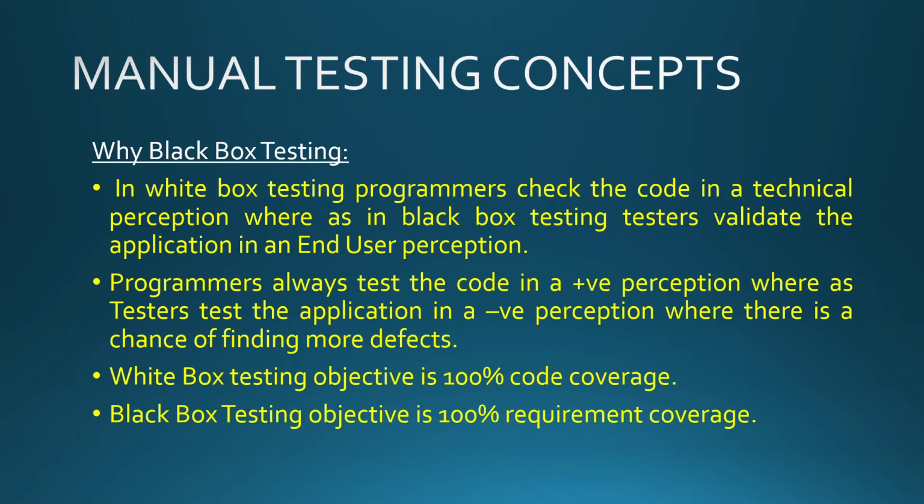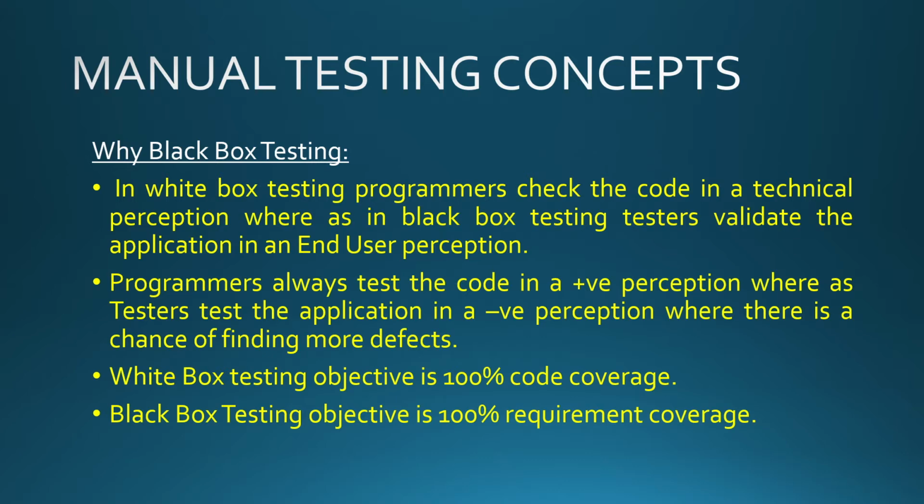Programmers, like developers, will always test the code in a positive perception, whereas testers test the application in a negative perception, where there is a chance of finding more defects, right?